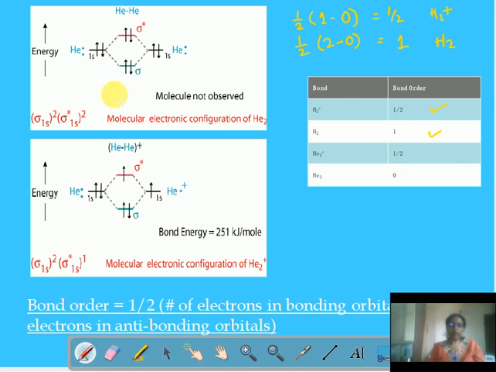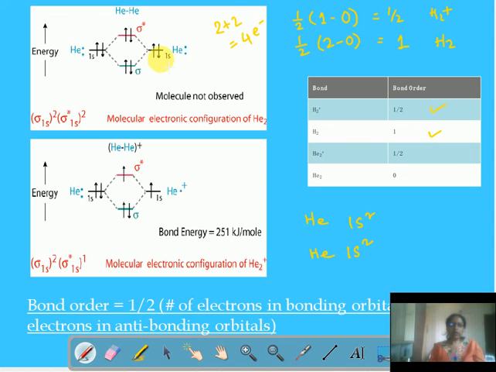Similarly, here we have He2 and He2 plus. For He2, helium has the electronic configuration 1s2. For one helium we have 1s2, and for another helium also 1s2. Now combine, and this will give rise to one bonding and one antibonding molecular orbital. Total we have 2 plus 2 equal to 4 electrons.